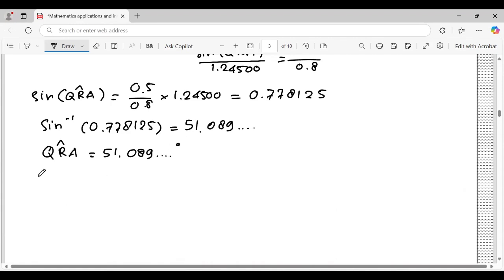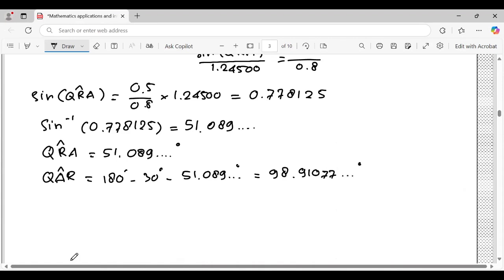So we can determine angle QAR equals 180 minus 30 minus 51.089, and the result is 98.91077 degrees.